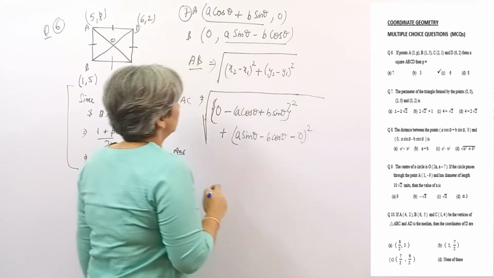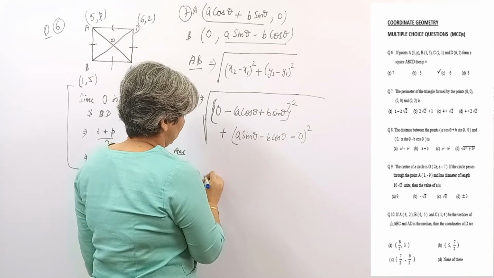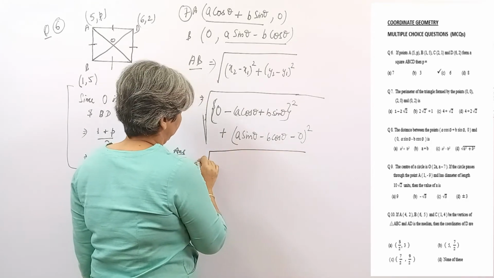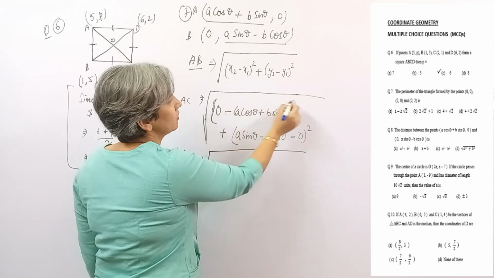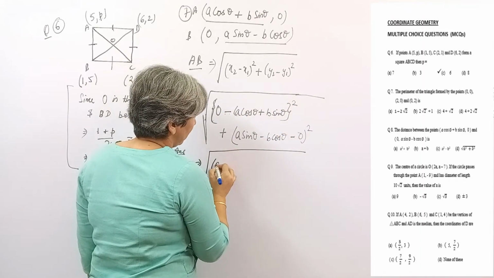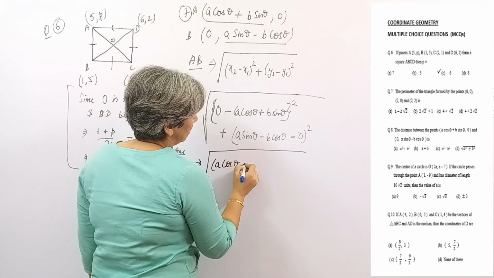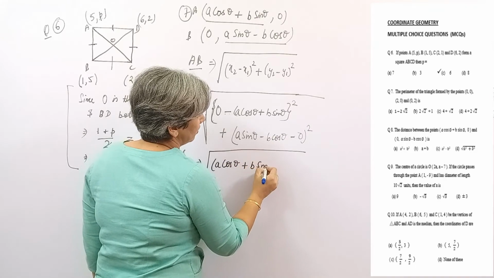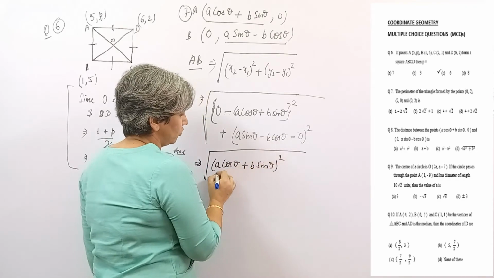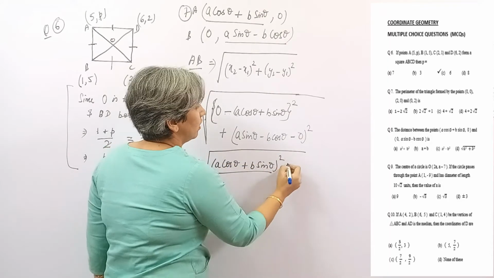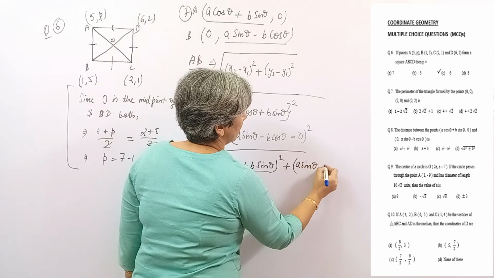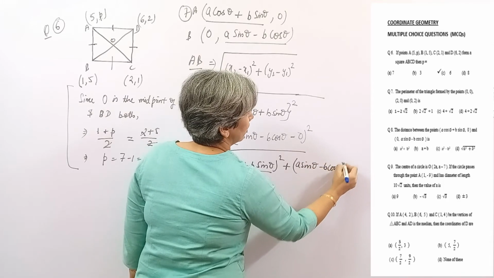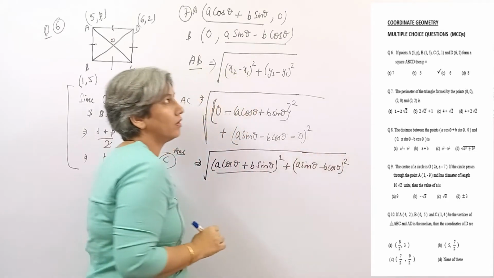Fine. So let's just solve it. 0 minus, so minus whole square is plus, it will become a cos theta plus b sin theta whole square, where we'll use the formula (a plus b) whole square, plus we have a sin theta minus b cos theta whole square, right?